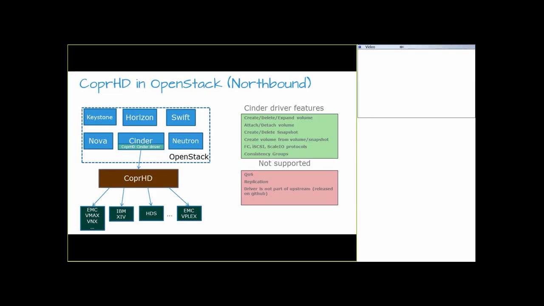So a lot of that underlying orchestration with vplex, recover point and all that will work here. The OpenStack guy is oblivious to all that, but through the driver layer, all that stuff will work.